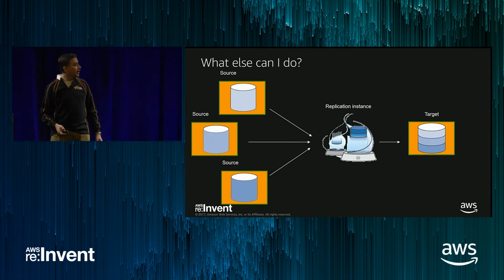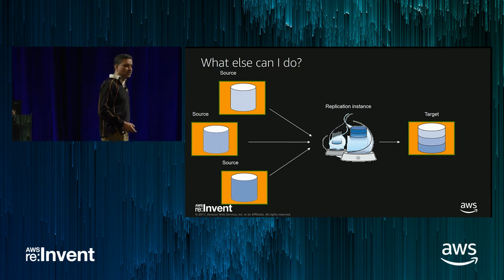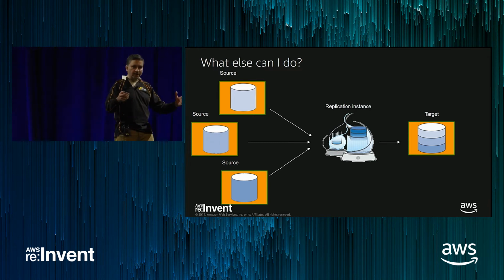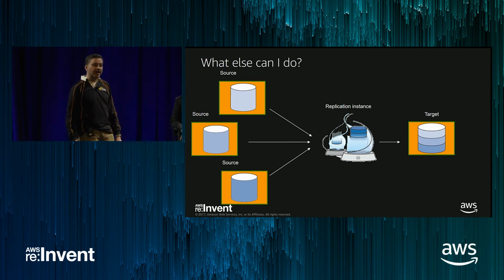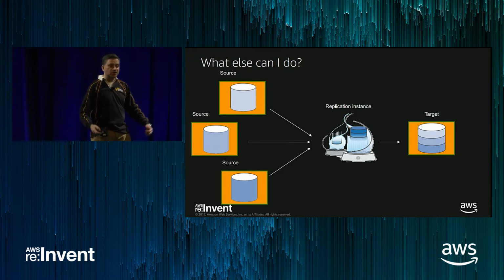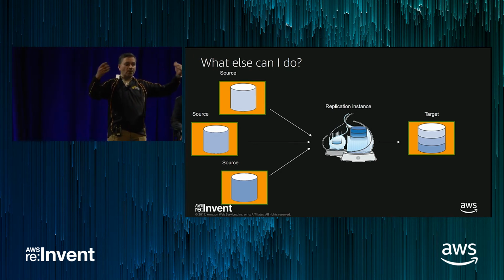Let's say you have many smaller databases as a source and you want to combine them into one big database for whatever reason: easy management, lower database footprint, lower licensing cost. Again, you can use DMS to fan in from multiple database sources to a single target as well.